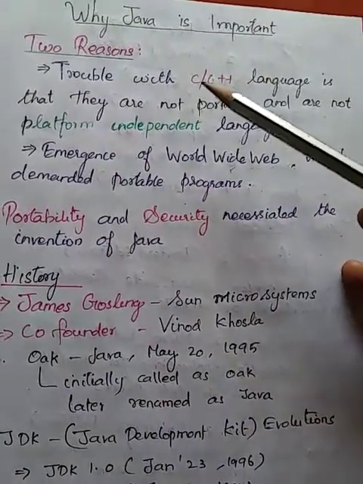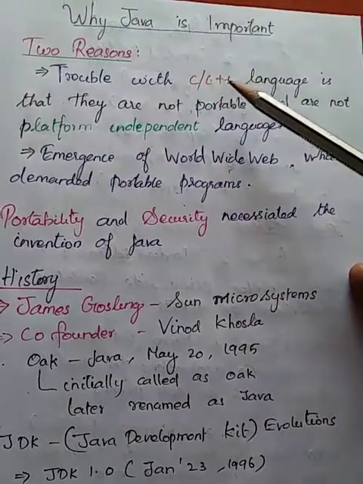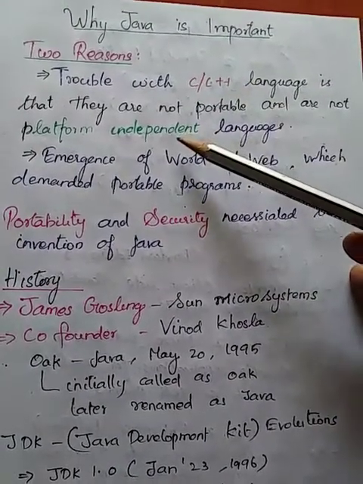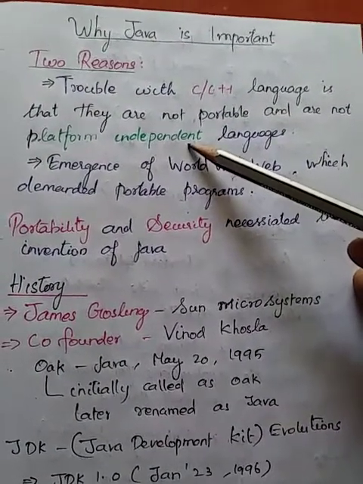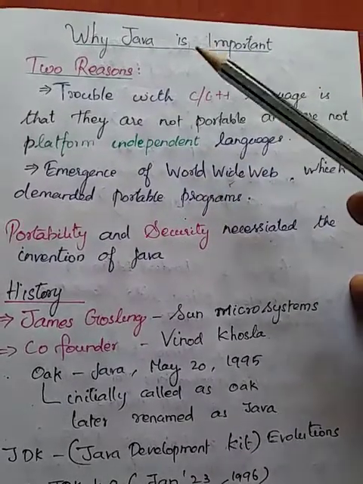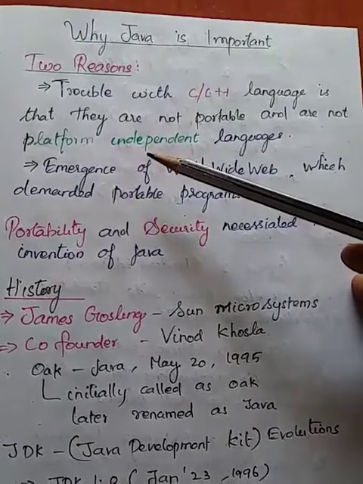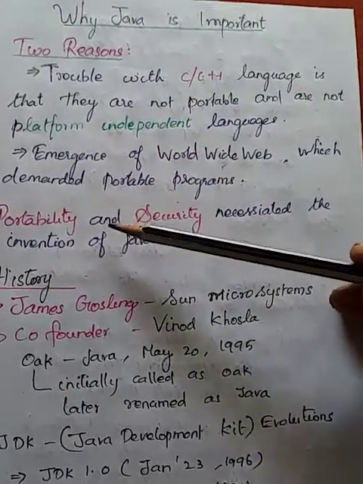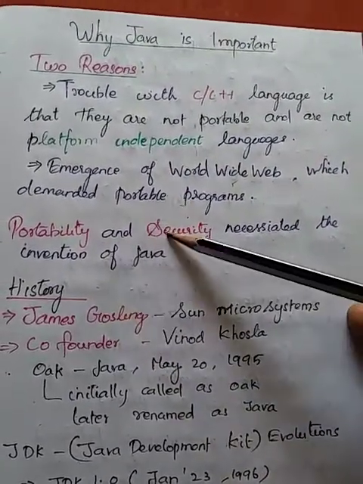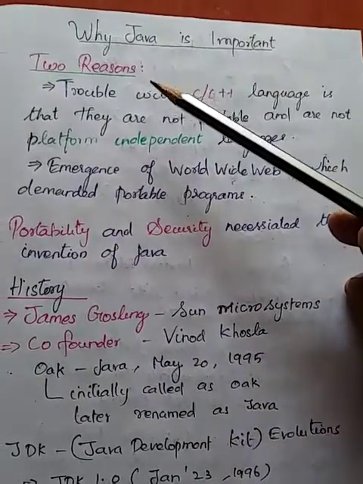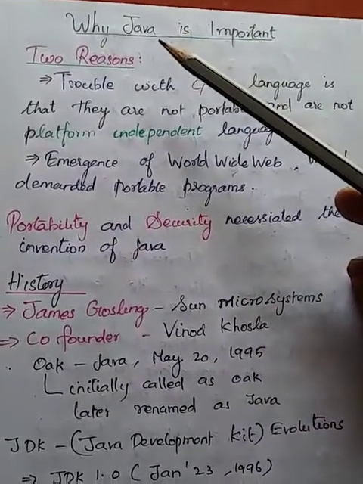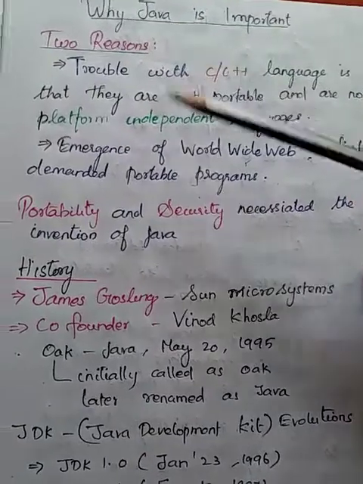Previously used languages like C++ do not support platform independence; they are dependent on the platforms. So Java came into use because of the demand for platform independent languages, and more security and portability are given, so Java became a more important programming language.